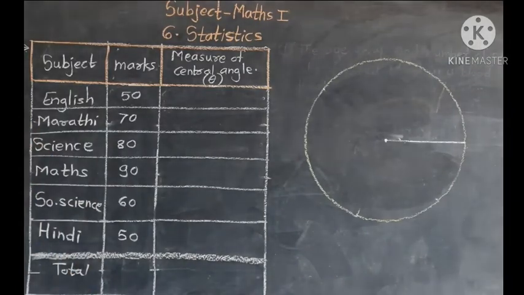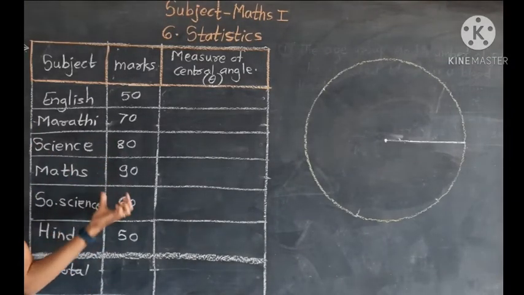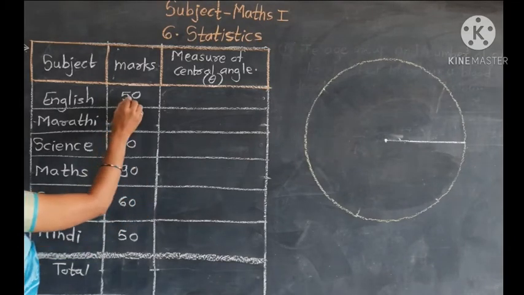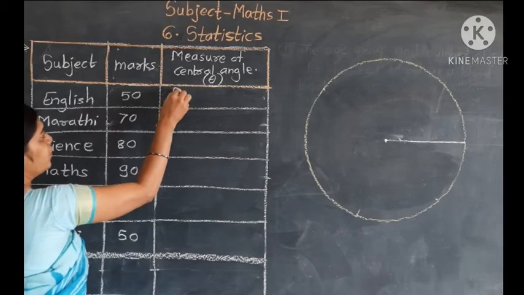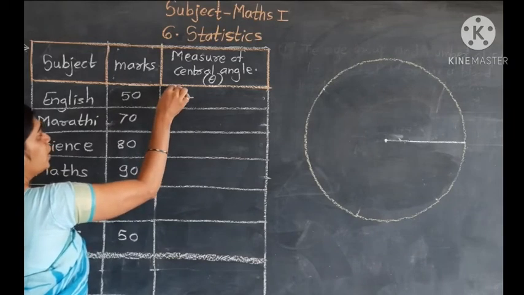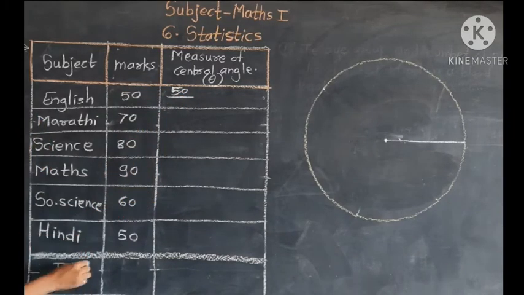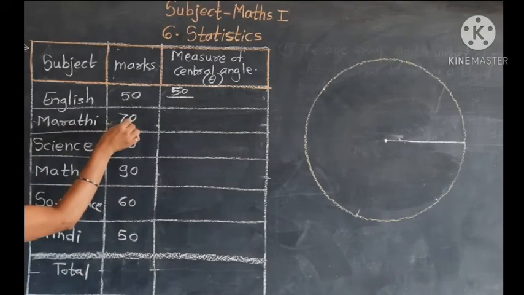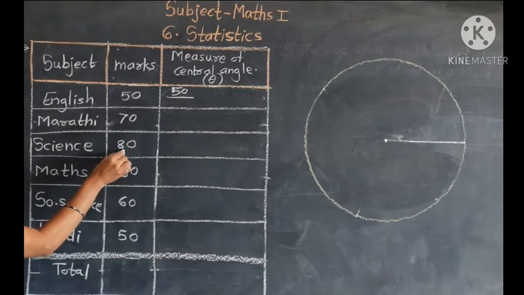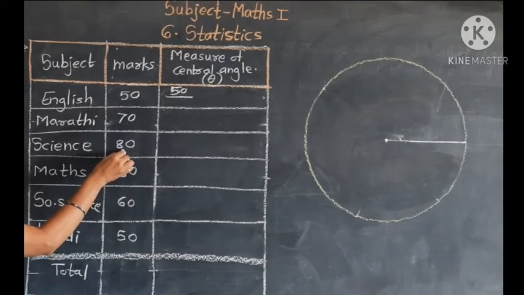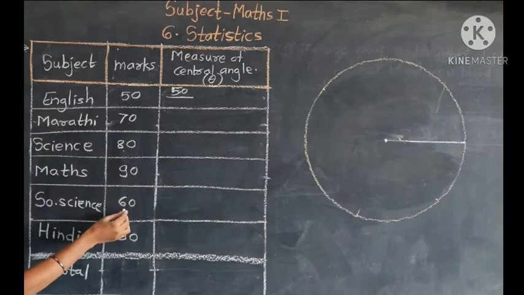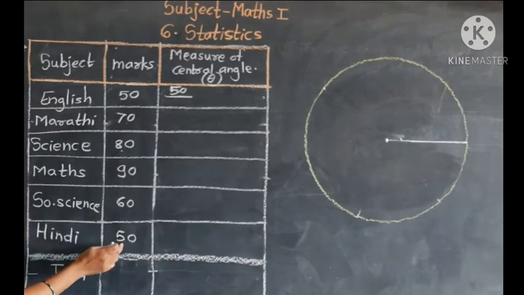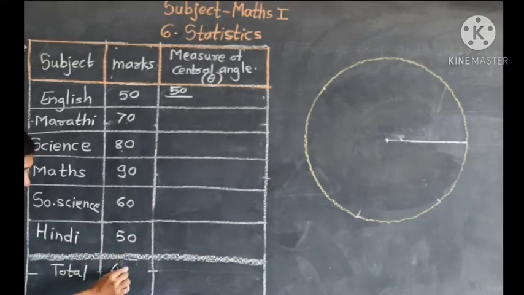So first write the table, write the 2 columns and the third column is of central angle. What is the marks in English? 50, and total number of marks. What are the total number of marks here? 50 plus 70, 120. 120 plus 80, 200. 200 plus 90, 290. 290 plus 60, 350. 350 plus 50, 400.